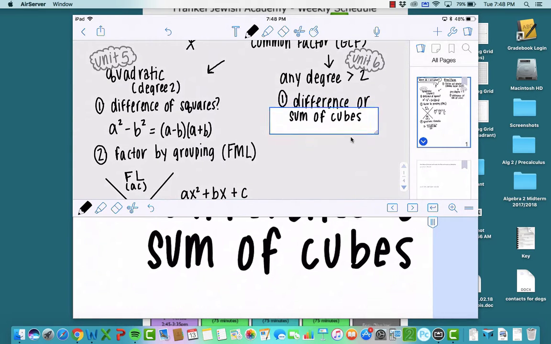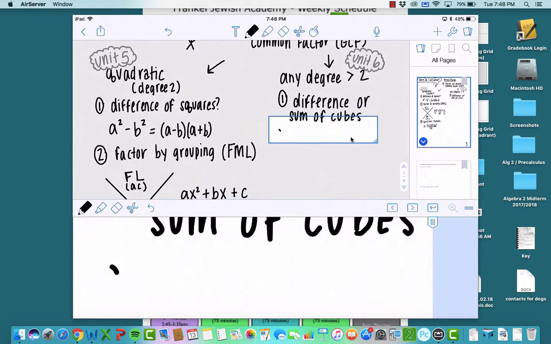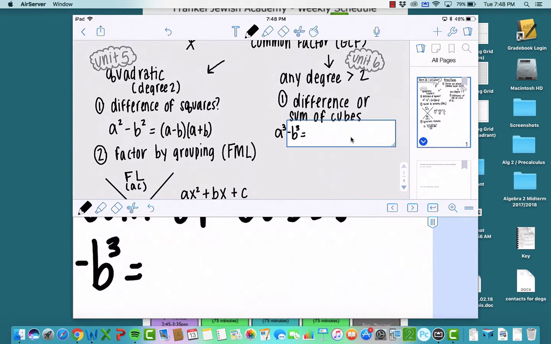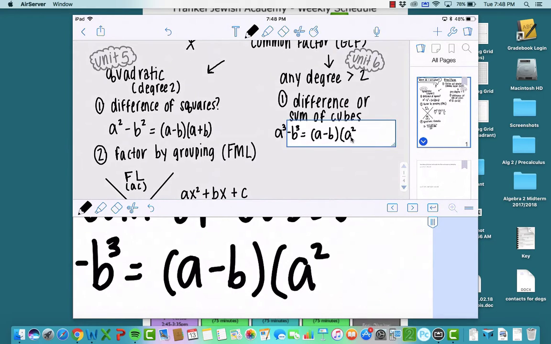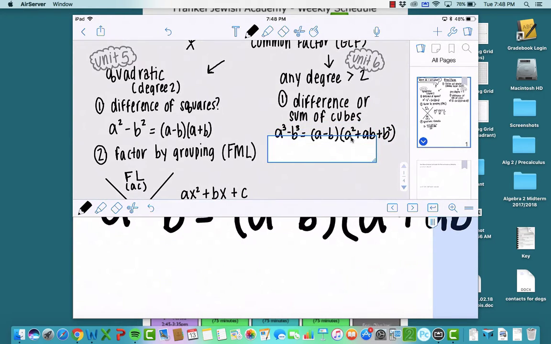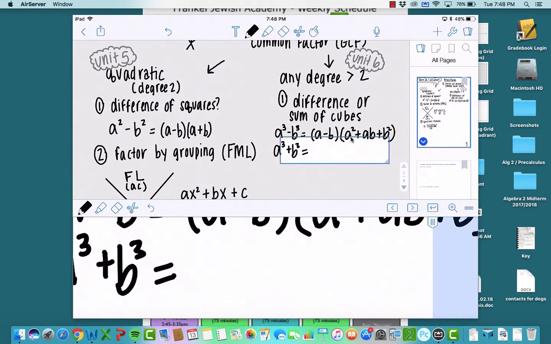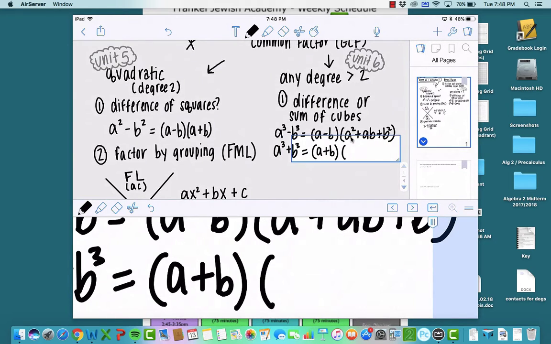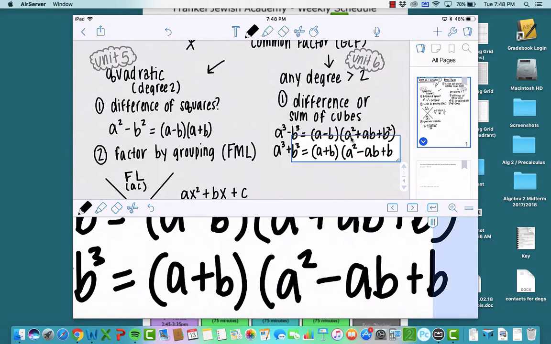The difference formula is a cubed minus b cubed is equal to a minus b times a squared plus ab plus b squared. And then the sum of cubes, a cubed plus b cubed, is equal to a plus b times a squared minus ab plus b squared.